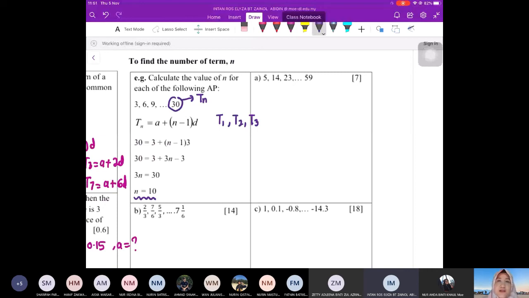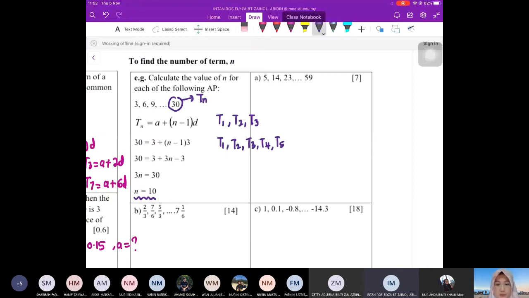Kenapa kalau you kata T1, T2, T3, term tu ada 3? You tengok pada mana? T1, T2, T3. Tak, yang ni tak ada dot. Dia macam mati. Kalau dia ada dot, meaning that the series tu ada lagi term lain. But for this kind of question, dia mati.